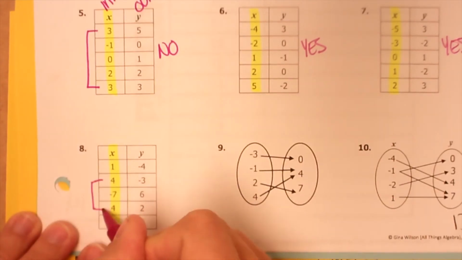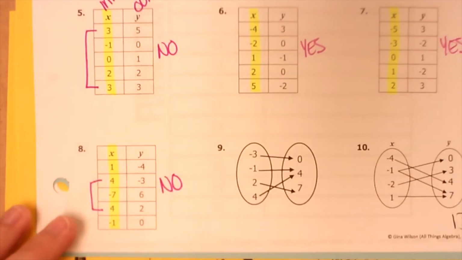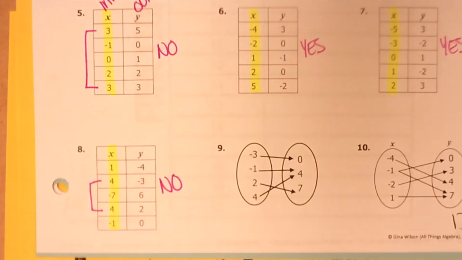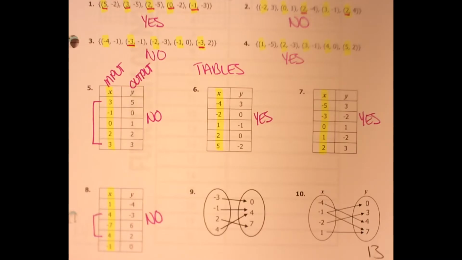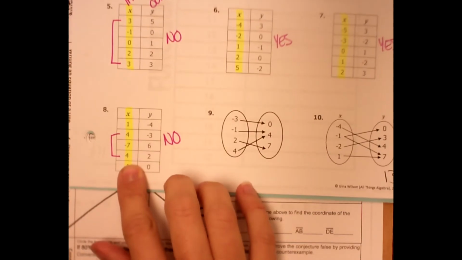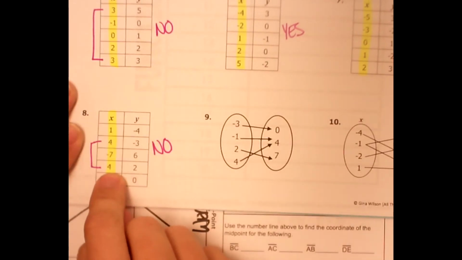If you look, the 4's are repeated, so that makes this not a function. So looking at the tables, we have to make sure that our x value is not repeated. As long as the x value isn't repeated, then it is a function.